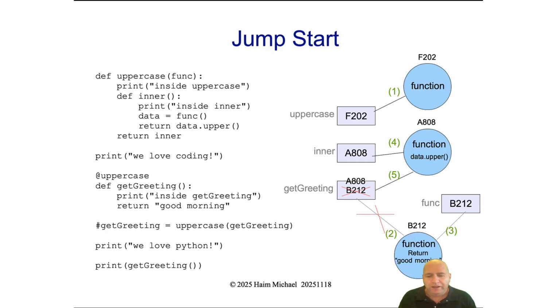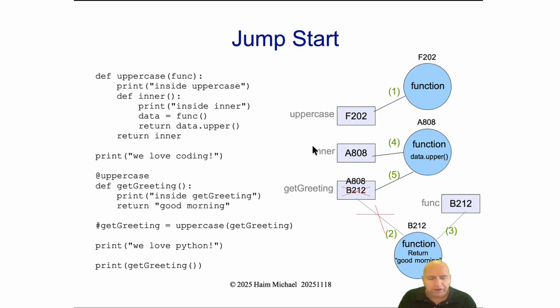Let's take a look at the same code sample, just that now we can see a small demonstration of the objects that are created. So uppercase is actually a variable that holds the reference to the function, the function that an object whose reference is F202 represents.